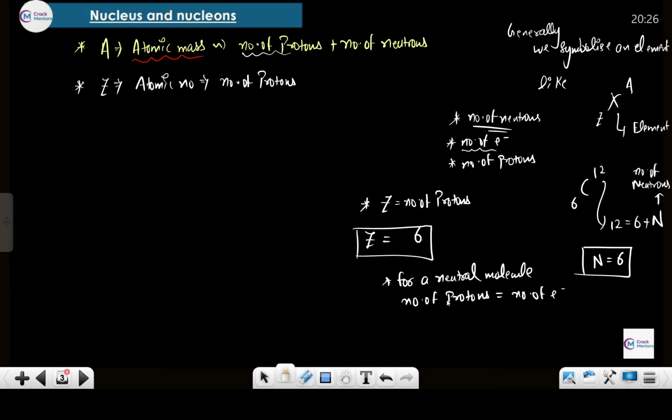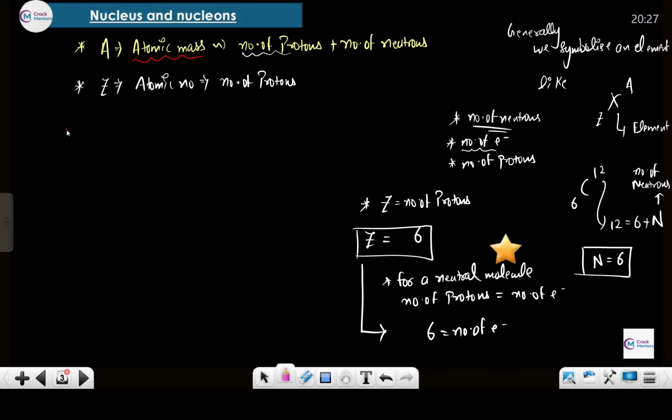If the molecule is neutral, the number of protons present in it will have the same number of electrons. So if the Z value is 6, then the number of electrons should be 6 also. It is only applicable when a neutral molecule is present, otherwise it is not applicable.